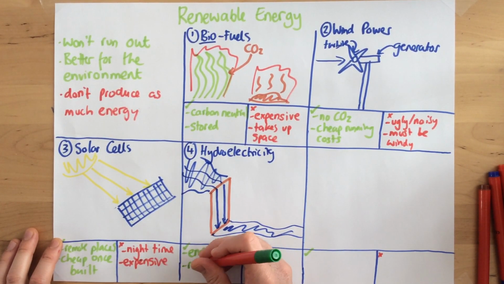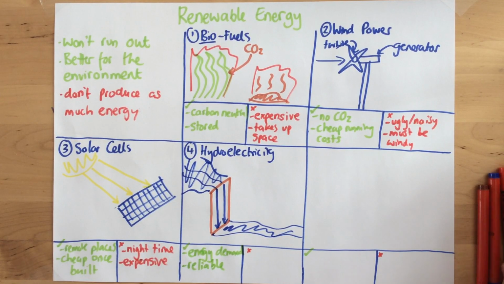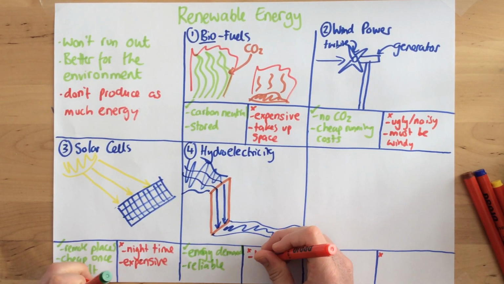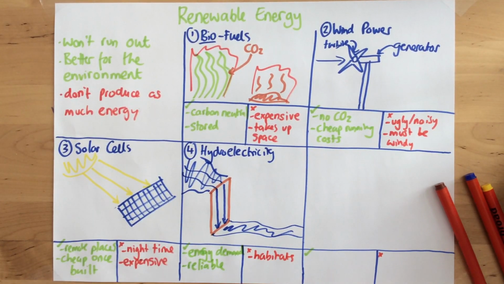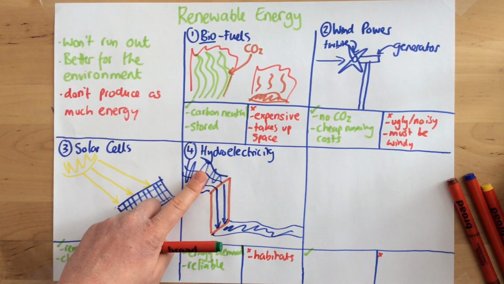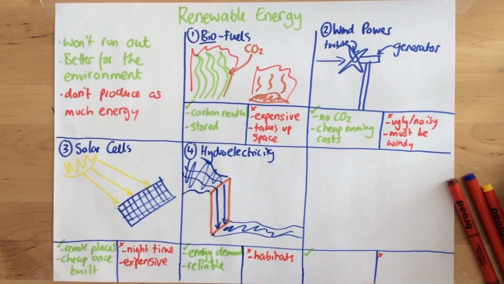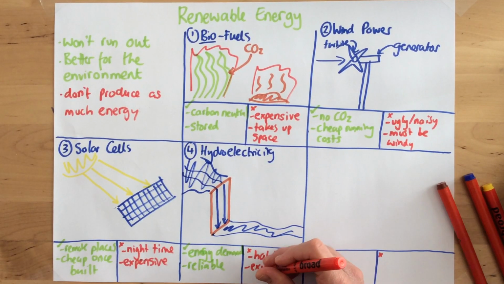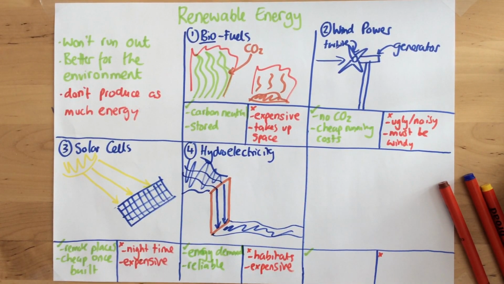They're also extremely reliable. Now the downside of them is, first of all, it causes the destruction of habitats. That's where animals live. So when we initially build the dam and flood the surroundings, it basically destroys lots of animals' habitats. It's also extremely expensive to build one of these dams in the first place.